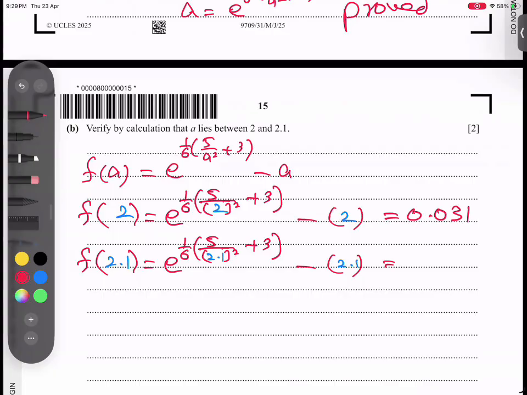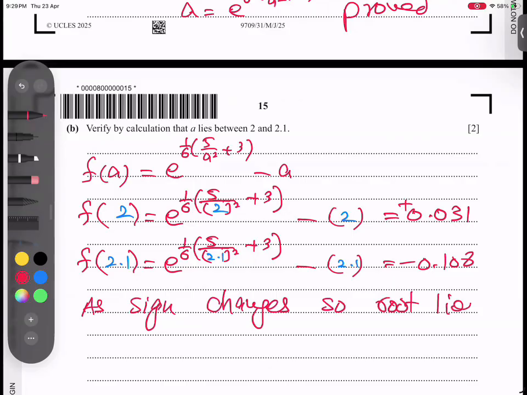And this time I'm getting negative 0.108, students. The first is positive and later negative, as the sign changes. So the root lies between 2 and 2.1. So I hope the point is clear.